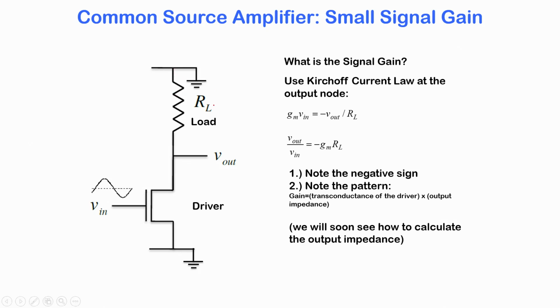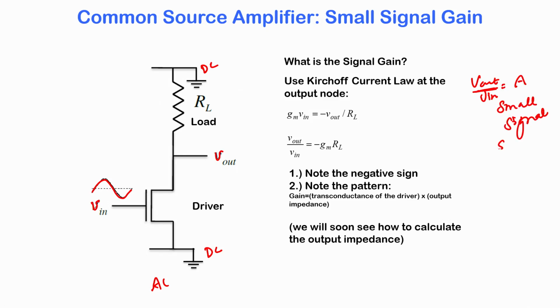Now we have drawn only the AC circuit. So you can see that we have grounded the DC nodes and we have only got the AC node. So we have small V out and small V in, we have a small V in going in, and we want to know what is the gain of the circuit. What is V out by V in, which is the gain. We are talking about small V out by small V in, which is the small signal gain of the circuit.